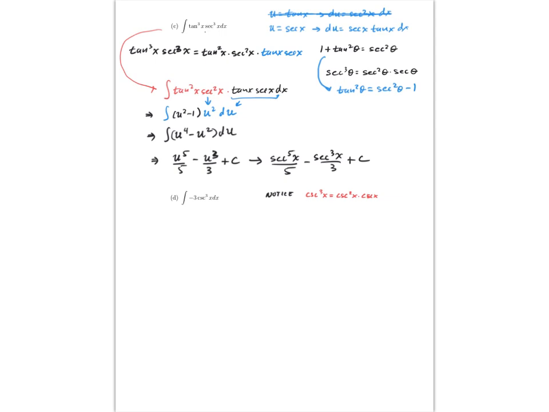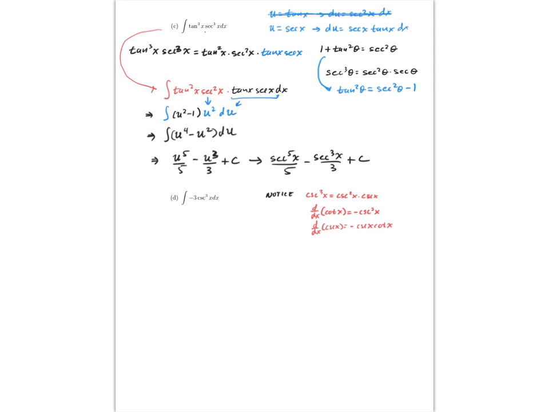Also, recall the derivative with respect to x of cotangent is equal to minus cosecant squared. And the derivative with respect to x of cosecant is minus cosecant cotangent.